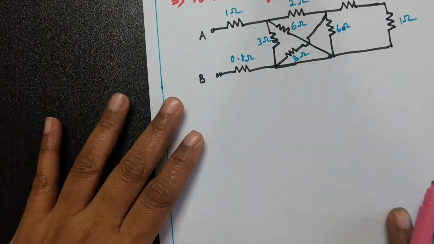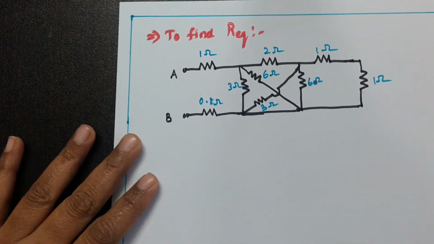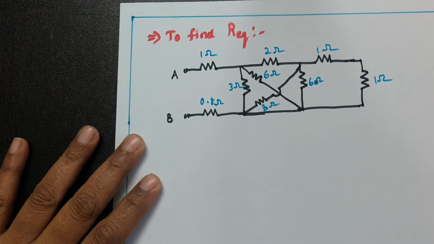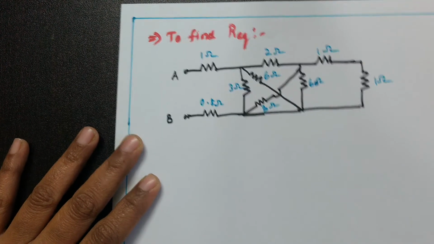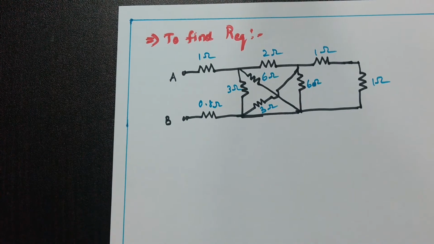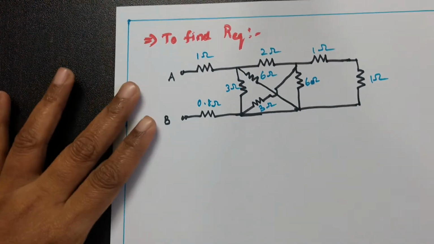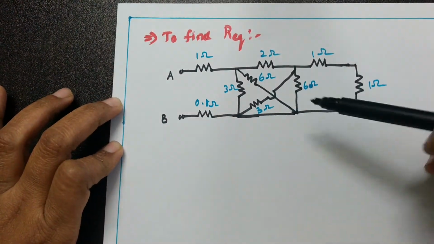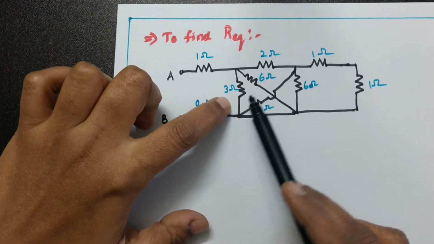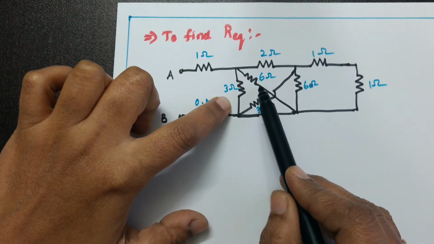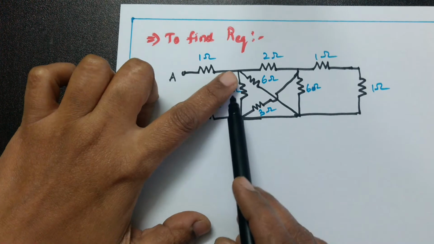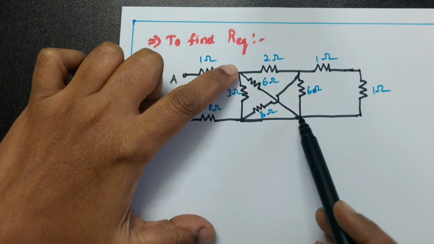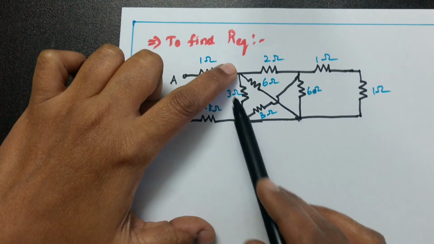Again I have drawn the circuit. See here. Now we will solve the problem. Observe the network, this middle network. This 3 ohms and 6 ohms are in parallel because N to N points are connected here.